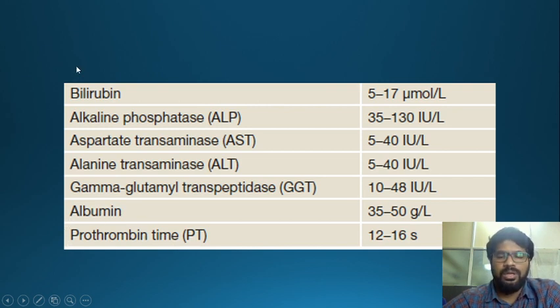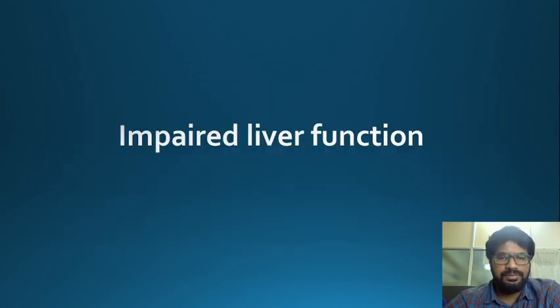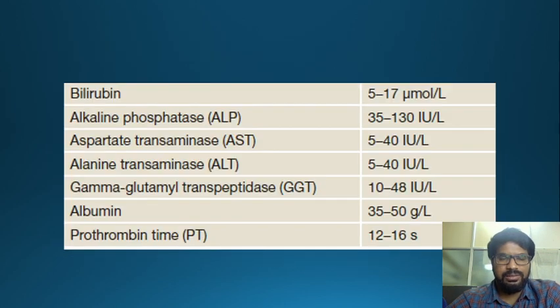So in order to assess if there is any chronic liver disease, if you want to know the synthetic function of the liver, you have to measure the serum bilirubin, serum albumin, and the prothrombin time. With these three parameters, you can see the overall synthetic function of the liver.